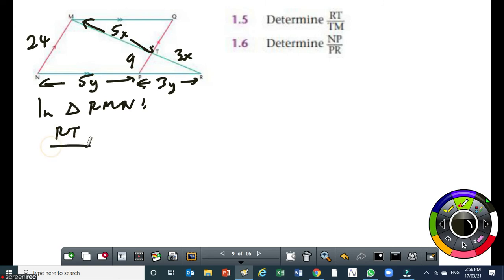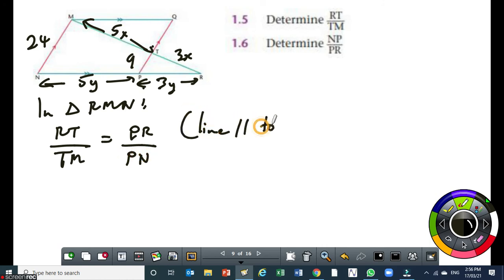we are going to end up getting RT over TM is equal to PR over PN. Okay, then you write the reason here: line parallel to one side of triangle. Okay, you could do that.